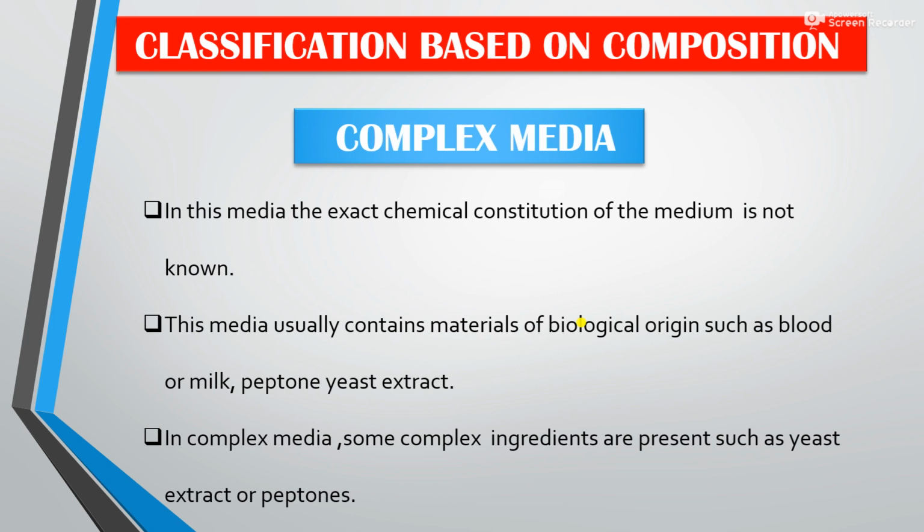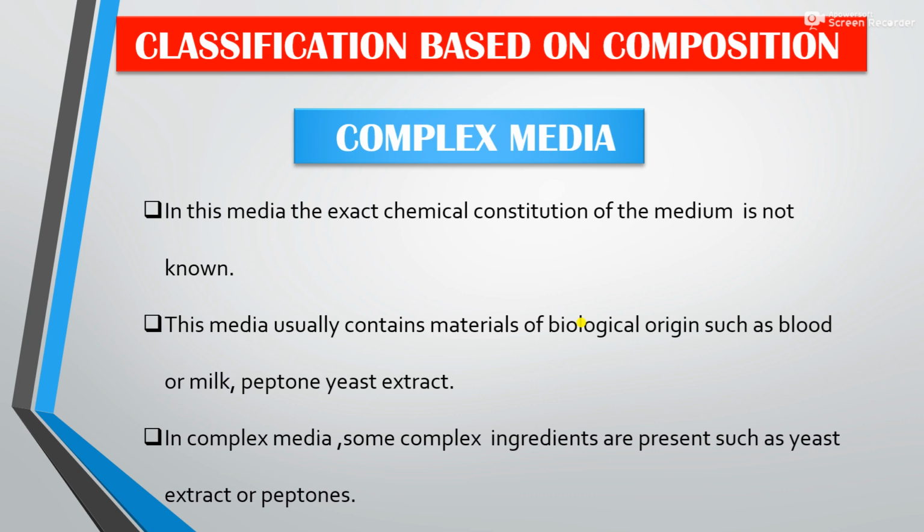The first one is complex media. A complex medium is one whose chemical composition is not known. You may be thinking, then why do we use complex media if their chemical composition is not known?